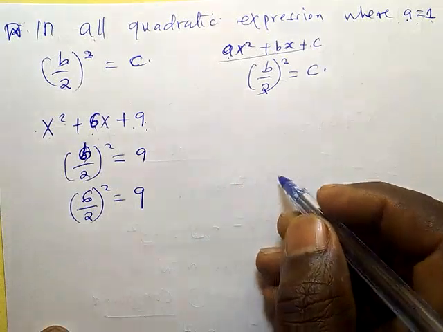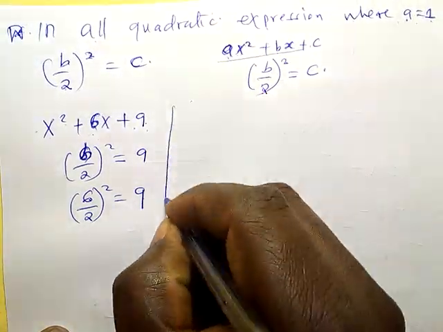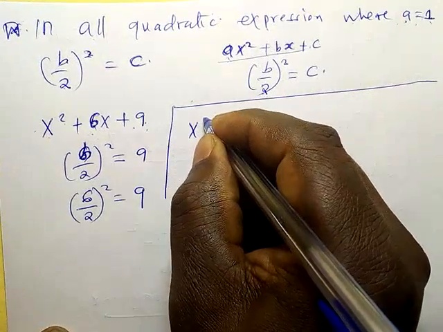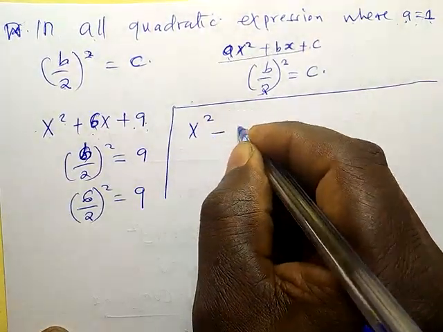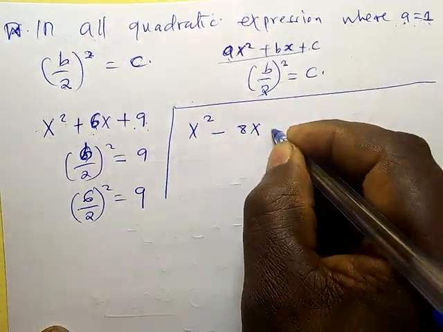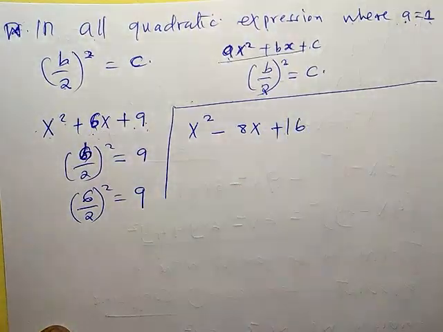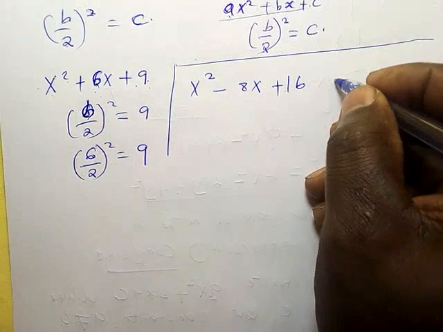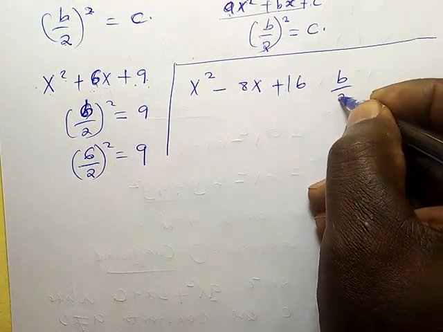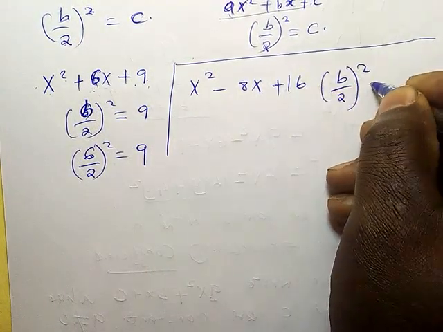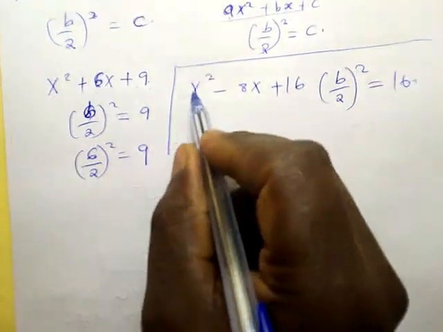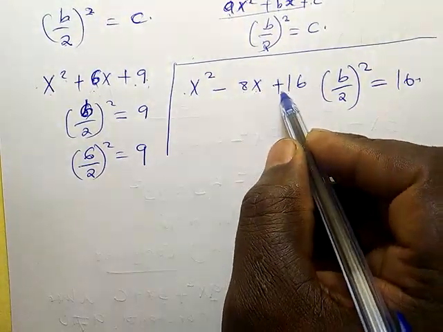Let us confirm another one: x squared minus 8x plus 16. We want to confirm that (b divided by 2) squared is always 16, because this is ax squared plus bx plus c.